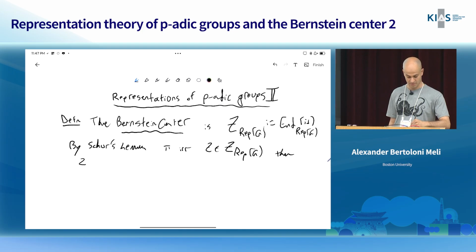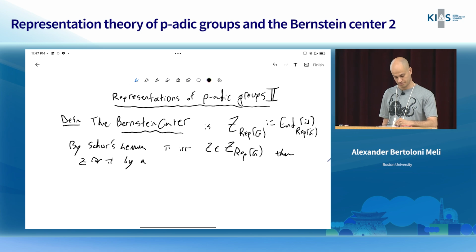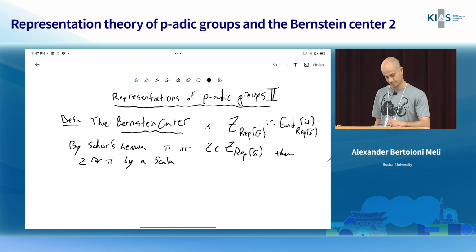So, to first approximation, each element gives us some scalar for each irreducible representation, and we want to understand how these scalars vary.